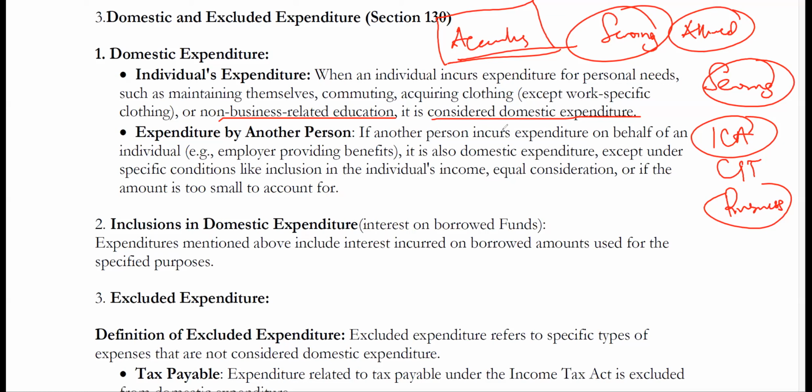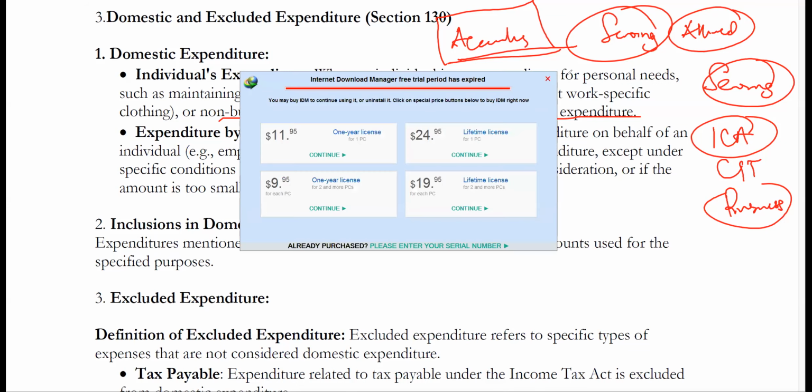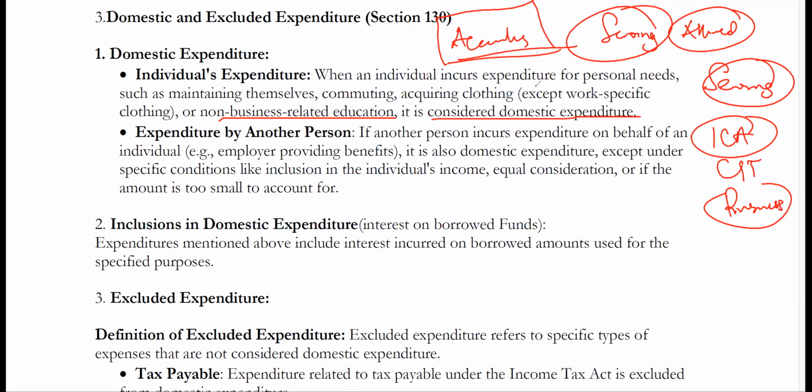Okay. Let's say it's where the owner of the business decides to train his children to become doctors. Succession. Will it be an allowable expense or a disallowed expense? Like he trained them within the work itself. Yeah, in the medical specialty. Education.